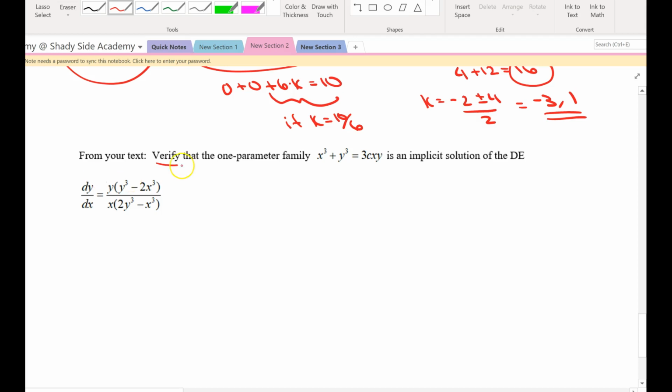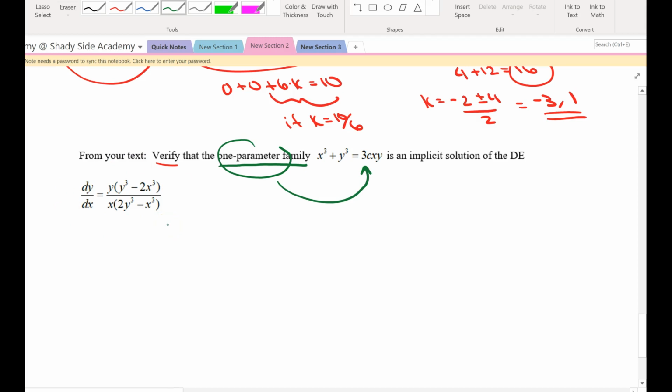So this question says, verify that the one parameter family, this, is an implicit solution of the differential equation here. By the way, in case you're wondering what one parameter family means, the one parameter refers to the fact that there's only one constant c involved in this implicit solution, okay?